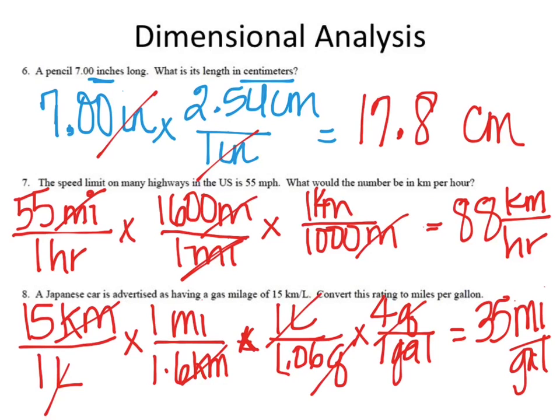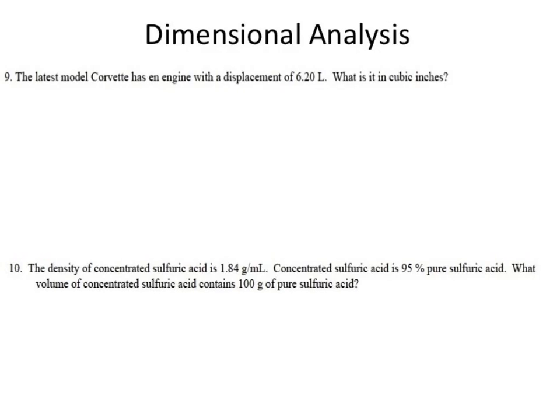Okay, let's do one more. Let's do number 10. The density of concentrated sulfuric acid is 1.84 grams per milliliter. So for every 1.84 grams of sulfuric acid, it's going to have a volume of 1 milliliter.